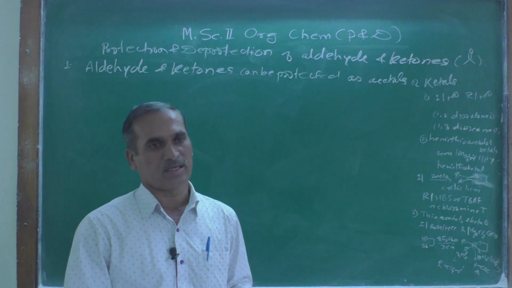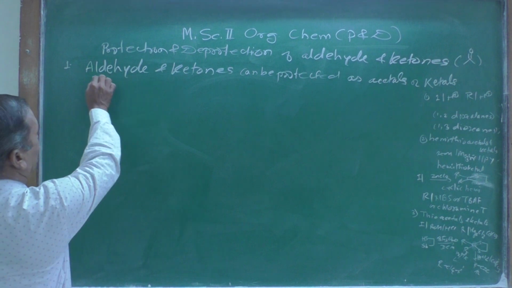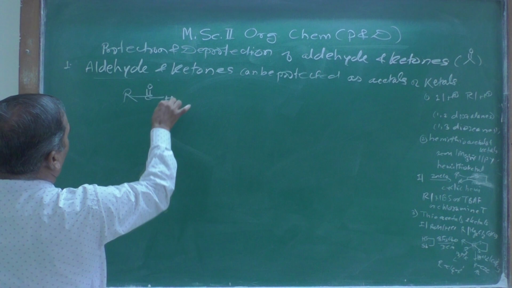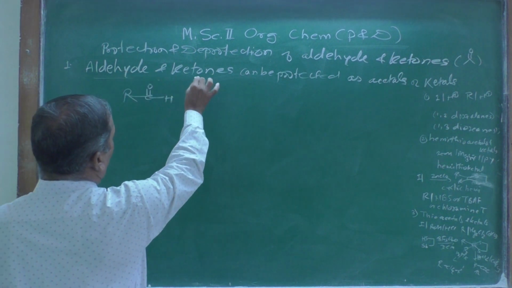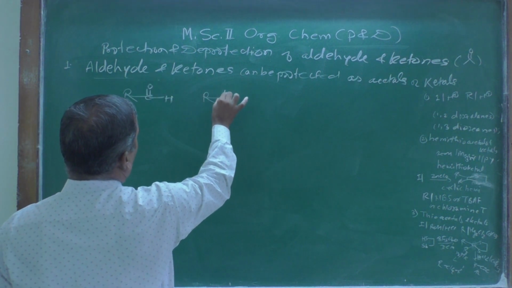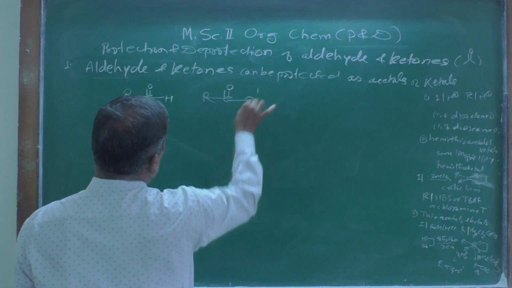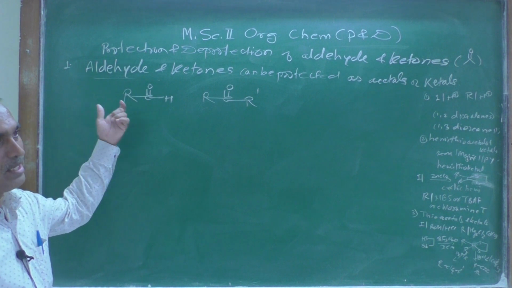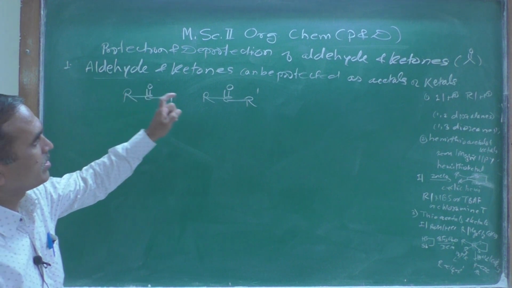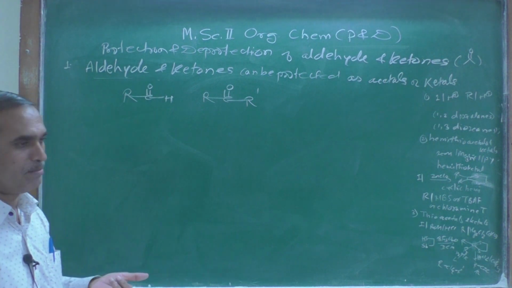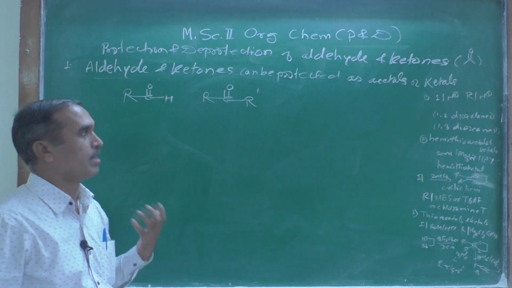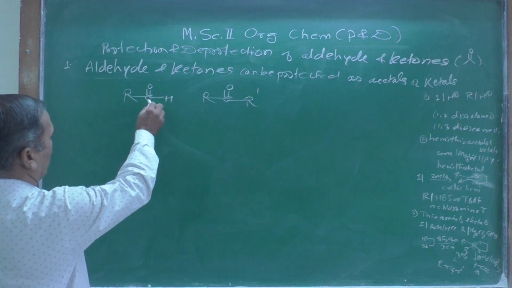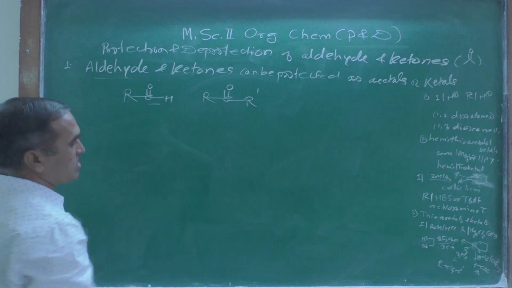If you see the general formulas, the aldehyde is R-C double bond O-H, and the ketone is R-C double bond O-R'. R may be an aryl group or alkyl group. Here R and R' may be alkyl and aryl groups, so this is a ketone, this is an aldehyde, and it is more reactive than this one.